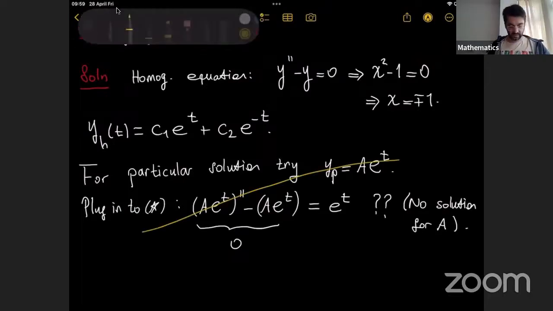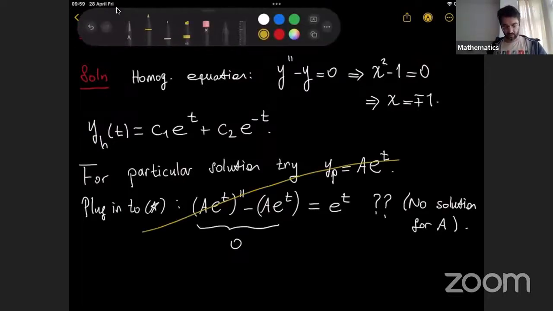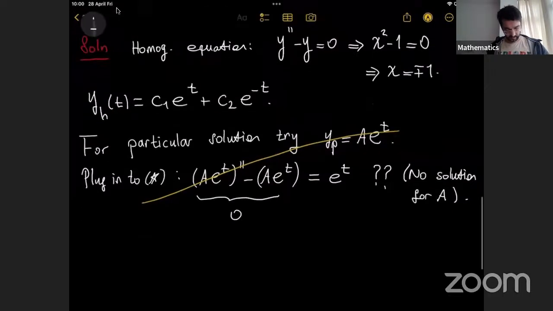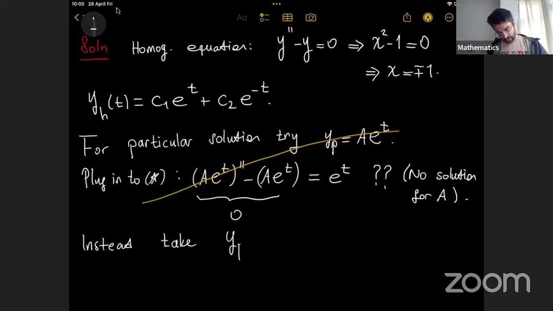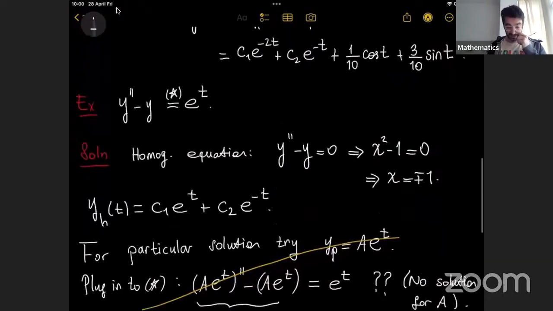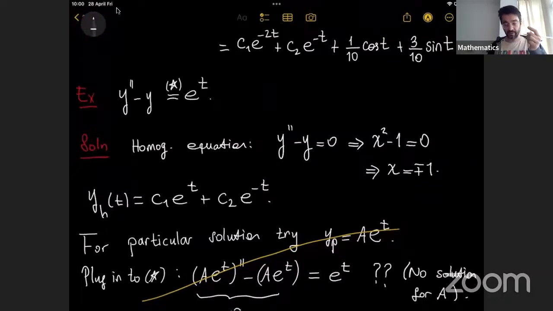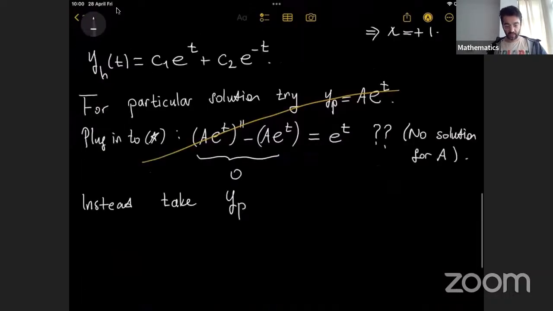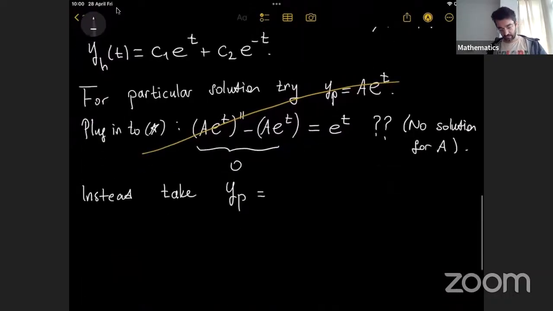What we could do is, we could choose instead, take yp. Again, it's going to be like e to the t, but in order to obtain e to the t with second derivative and the first derivative, we will write something like this: a times t times e to the t.